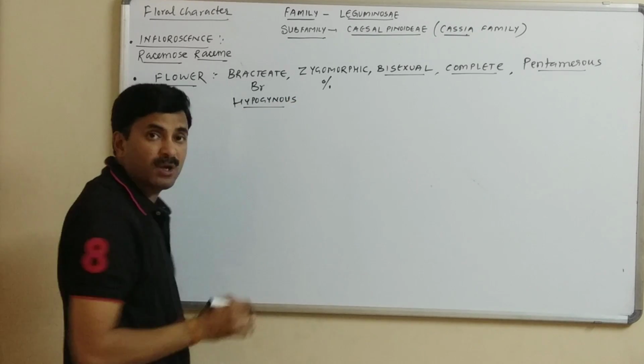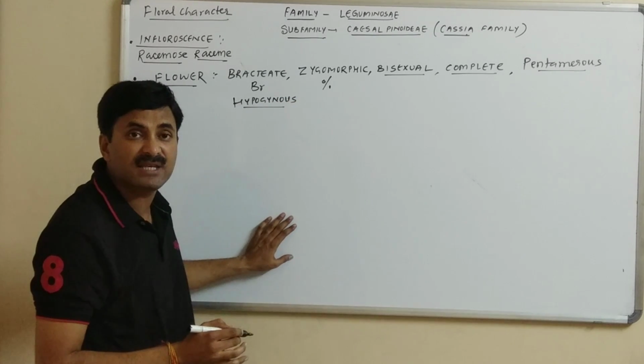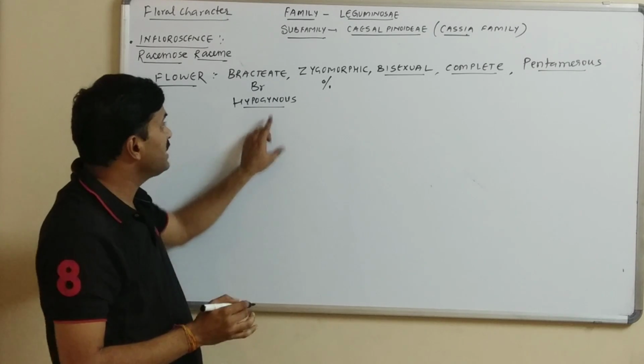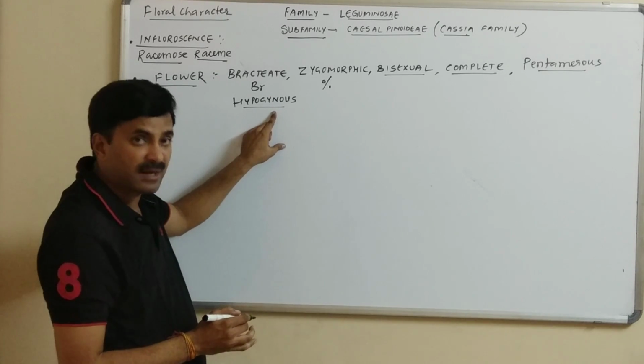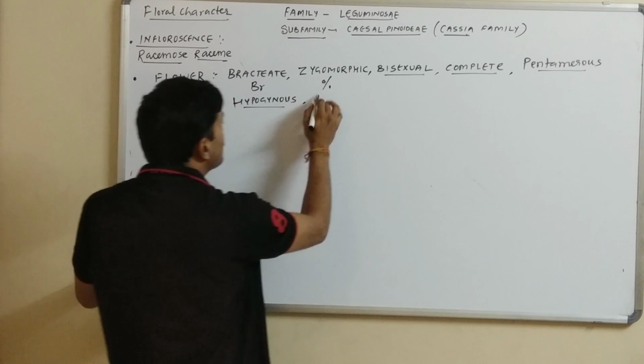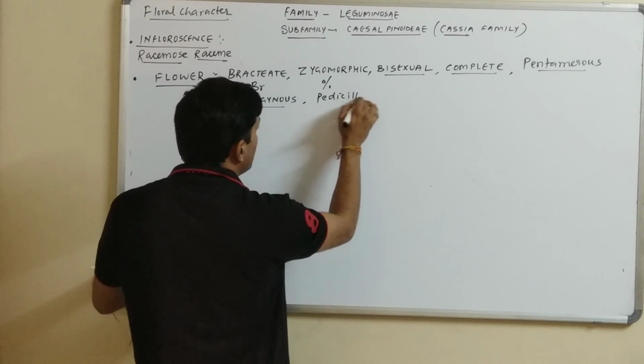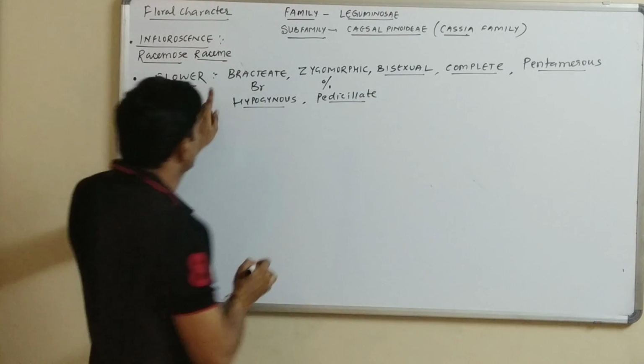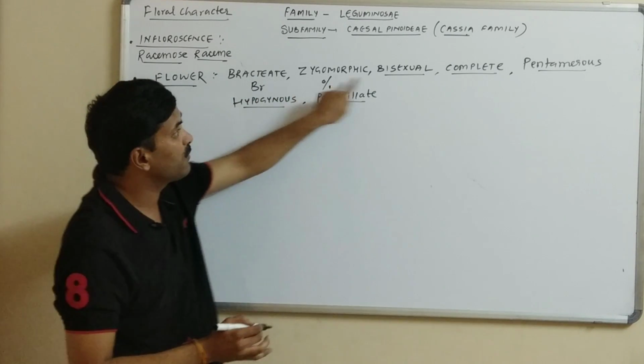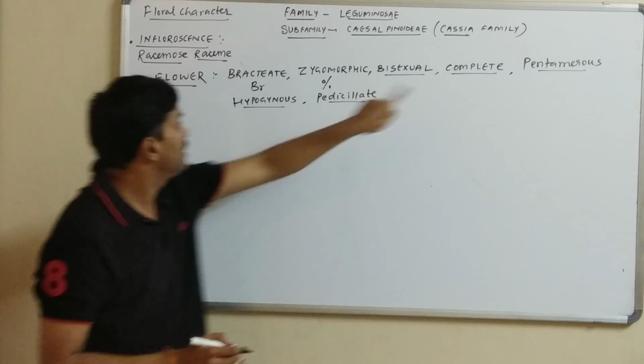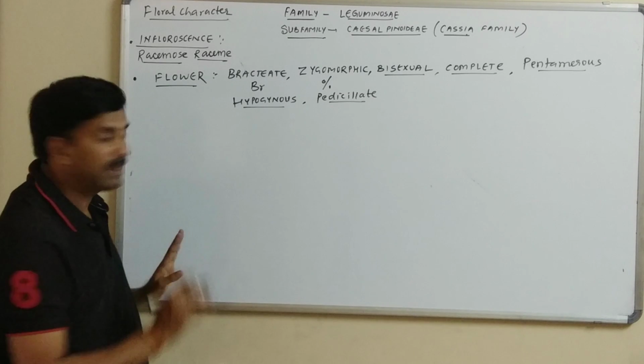Hypogynous means all the floral parts are arising from the base of the ovary, right? Means the ovary will be superior. And the flower is pedicellate. Pedicellate means flowers have a stalk. So the flower is bracteate, zygomorphic, bisexual, complete, pentamerous, hypogynous, and pedicellate.